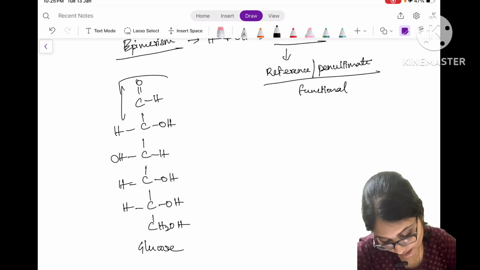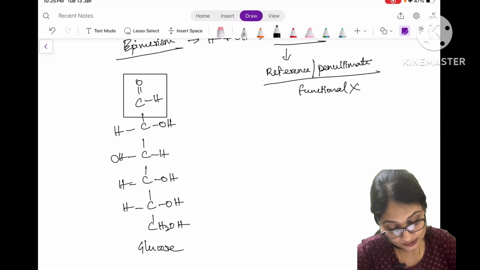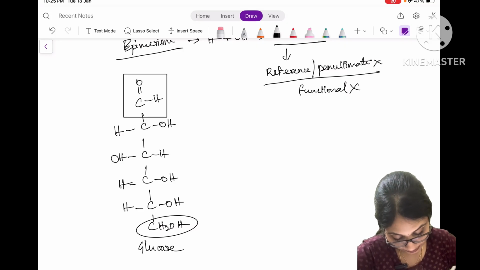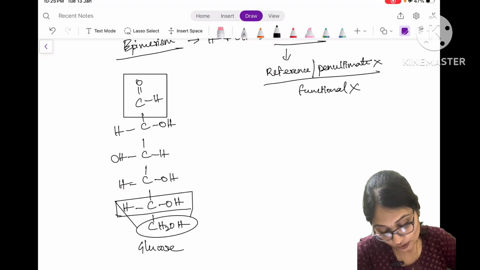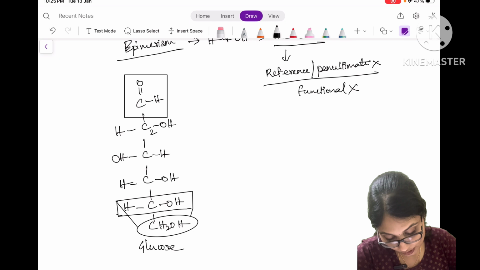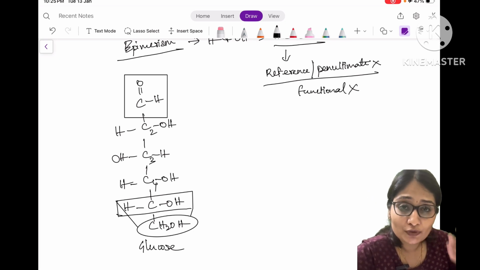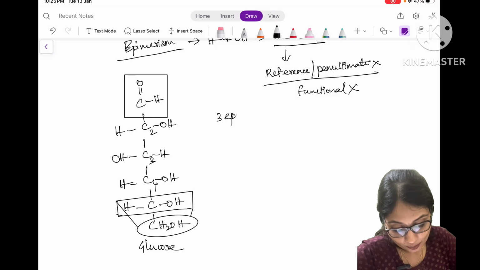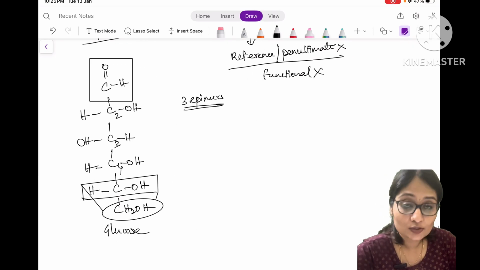This is our functional group. I told you the functional group is an exception, and the penultimate carbon is also an exception. So this is the ultimate carbon, and this is the penultimate carbon. Excepting these, there are three other carbons, C2, C3 and C4. So how many epimers are possible for glucose? Three epimers are possible for glucose, right? So let's discuss what these are.